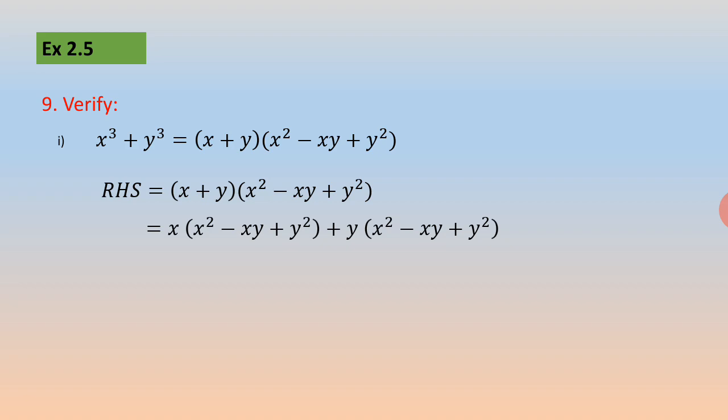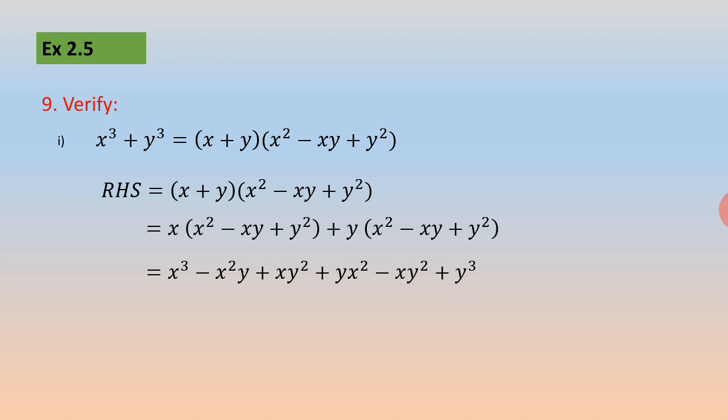Similarly, y will be multiplied by three terms, so you will get another three terms. That means after multiplication, you will get 6 terms. And this is how you get it. x into x square is x cube. Then it is x multiplied by minus xy, which gives you minus x square y, followed by xy square. Similarly, the second bracket is to be multiplied and opened.